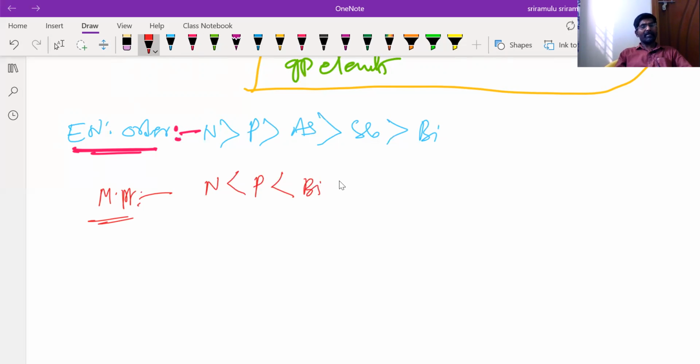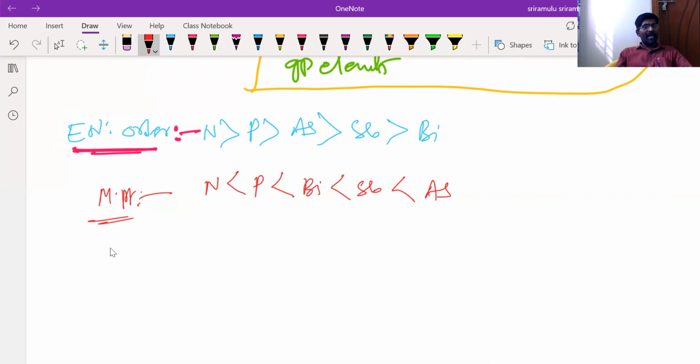Bismuth has a lesser melting point than antimony, which is lesser than arsenic.